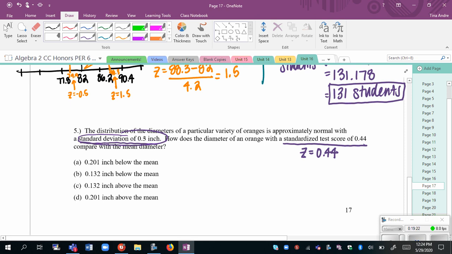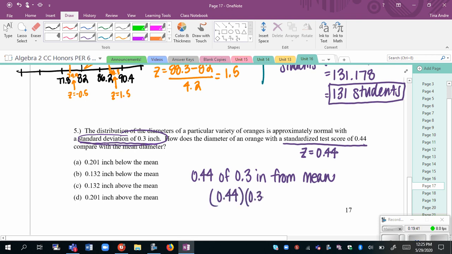So all I'm going to do is do 0.44 of the 0.3 inches from the mean. So basically 0.44 times that 0.3 inches, because that 0.3 inches represents one full standard deviation.